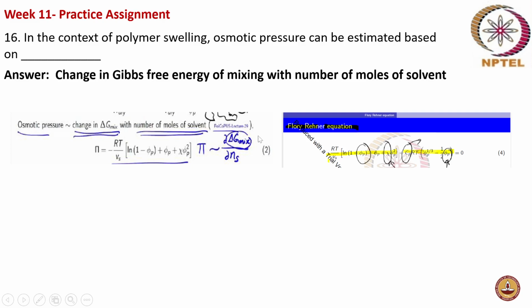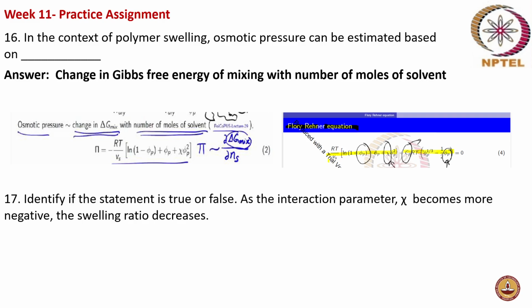And from this Flory-Huggins theory based expression for osmotic pressure, which is based on the change in Gibbs free energy of mixing with number of moles of solvent, you can arrive at the Flory-Rehner equation, which is a force balance between your osmotic pressure and the network elasticity.